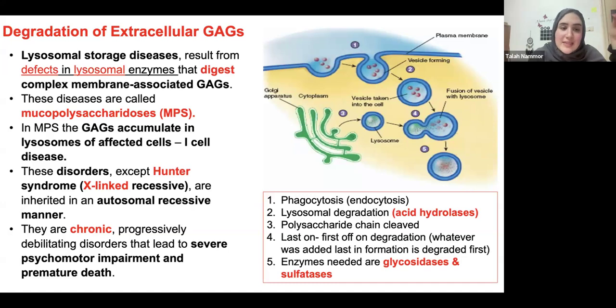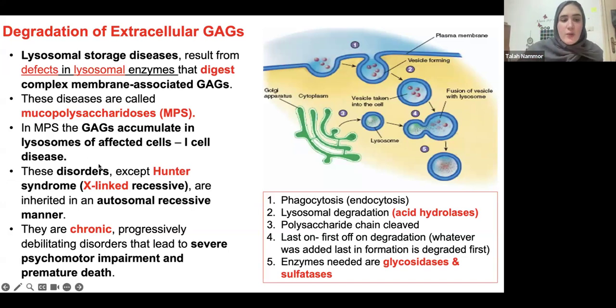Okay, these diseases are called mucopolysaccharides. No, wait, mucopolysaccharidoses. From the name, polysaccharidosis, because we have polysaccharides, and muco is just there for the vibes. I don't know why there's muco, but mucopolysaccharidoses are lysosomal storage diseases. Now in here we have so many different diseases, but the doctor looked at I-cell disease, Hunter and Hurler syndrome.